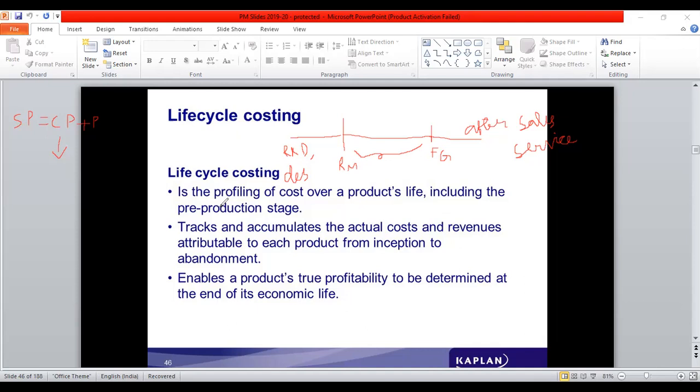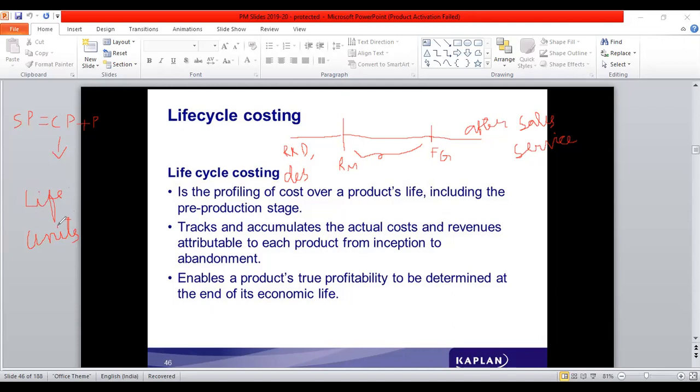During this life, the total production which would be taken up, the number of units which would be produced also has to be estimated. So let's say if the life of the product is 5 years, in each of the years, how many units they would be producing and selling is also to be estimated. They have to estimate that also.